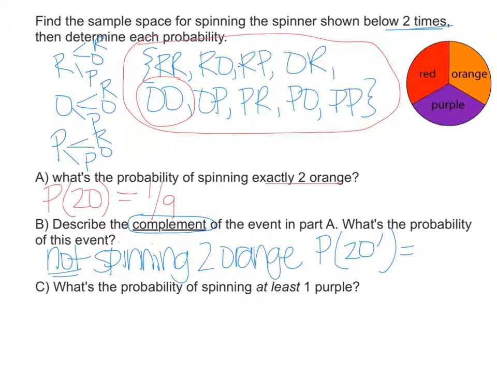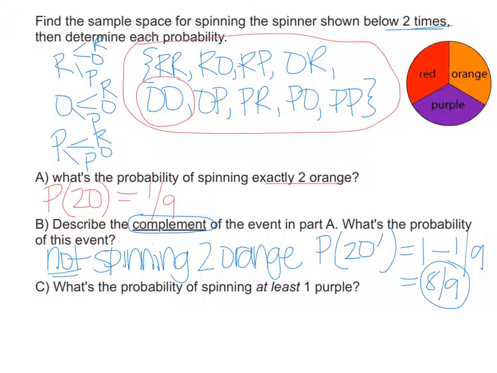And I know that this is 8 out of 9, but if I wasn't sure, I could show 1 minus the answer to part A, 1 out of 9. And I know that if I take away, I've got 9 total, and I'm taking away 1 of them, I have 8 out of 9 left. Again, you don't have to show the math if you can do that in your head, but if you're ever stuck, you can always do 1 minus whatever you got for your original answer, and that will work.